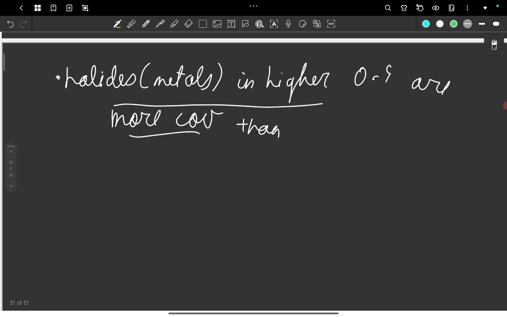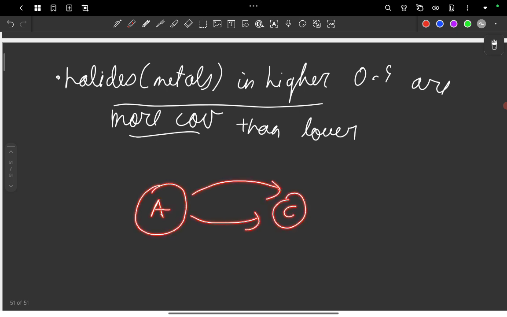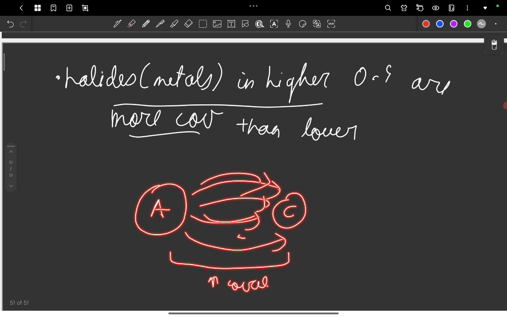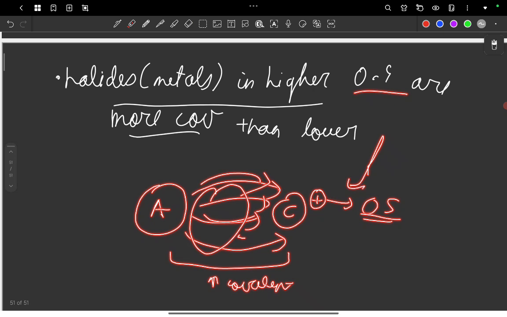This should be quite obvious to you, because as we know via Fajan's rules, if we have an anion and a cation, the more the cation pulls the electron cloud, the more the bond increases in covalent character. This phenomenon is directly proportional to the charge on the cation, and charge is directly proportional to oxidation state. So a higher oxidation state implies the charge is greater and it is able to pull all of this cloud towards itself, and hence this is more covalent.